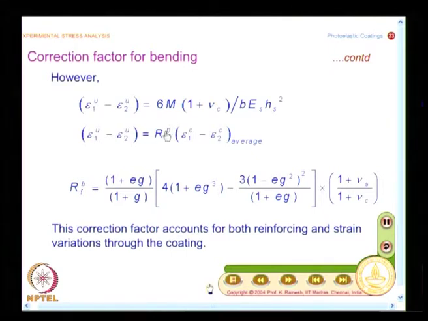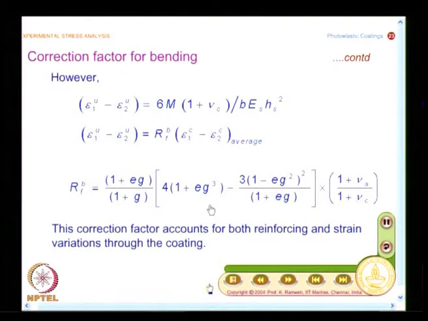So, here we have replaced the superscript from A to B. A denotes axial loading and B denotes the bending loading, and R f b is finally obtained as 1 plus E g divided by 1 plus g into 4 into 1 plus E g cube minus 3 into 1 minus E g squared whole squared by 1 plus E g, the whole of it multiplied by 1 plus nu s divided by 1 plus nu c.